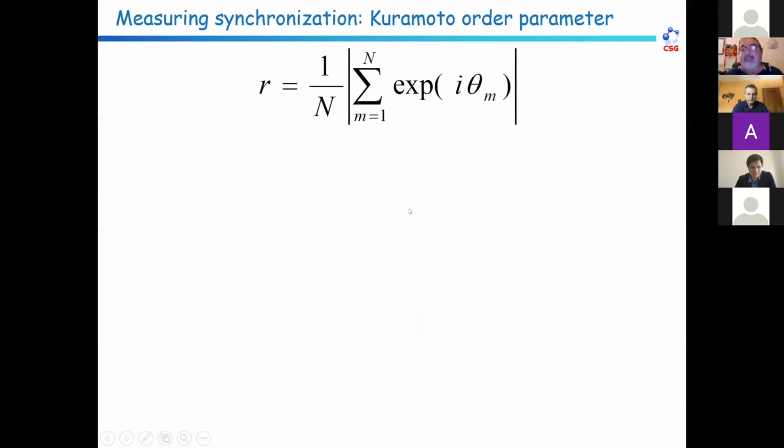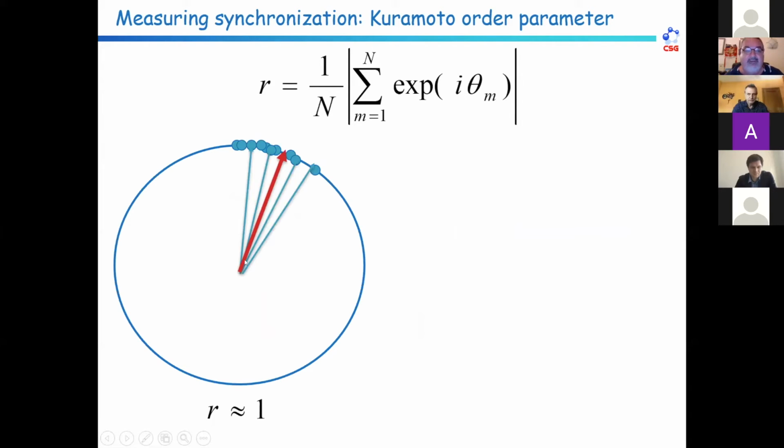In order to describe this transition, we need to monitor what is happening in our system, and a way to monitor this is to refer to the Kuramoto order parameter, which is nothing but taking the unit vectors associated to each one of the oscillators, summing up, and then taking the modulus and dividing by the number of oscillators.